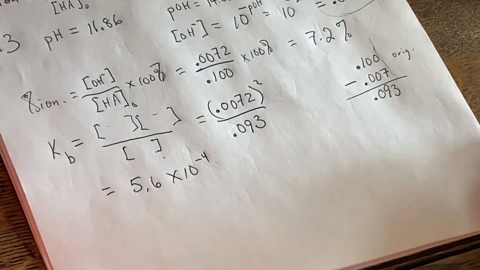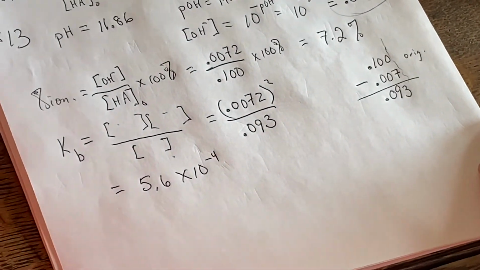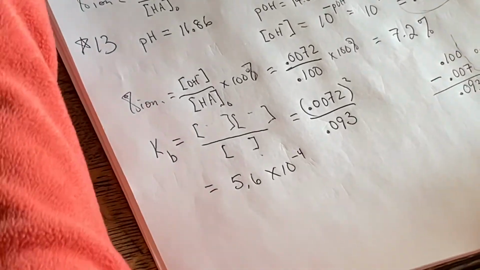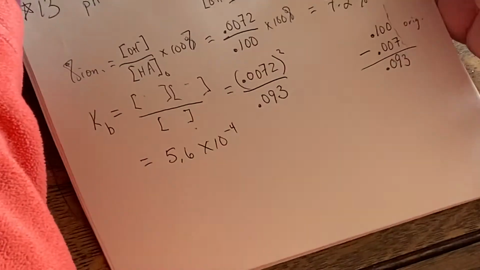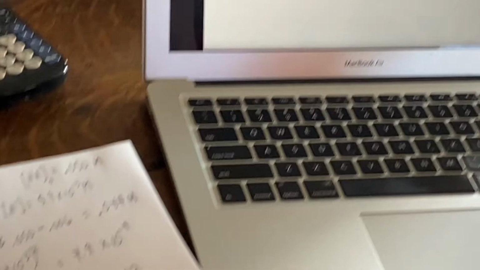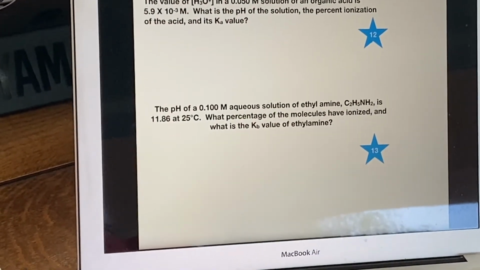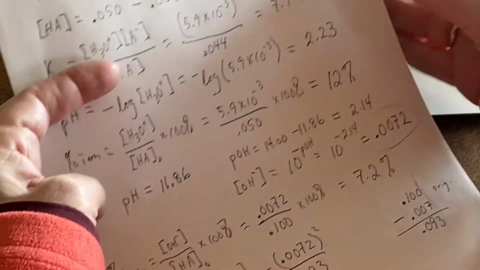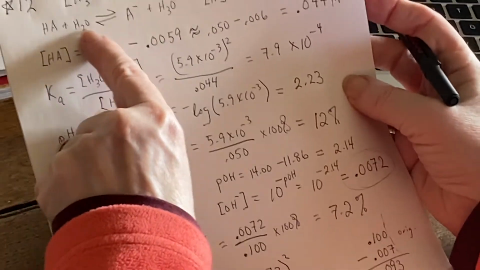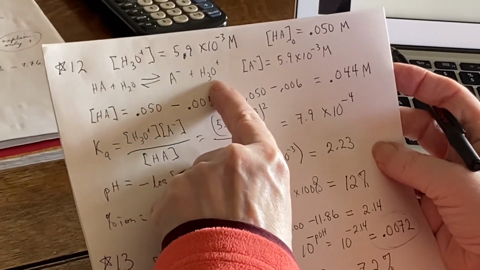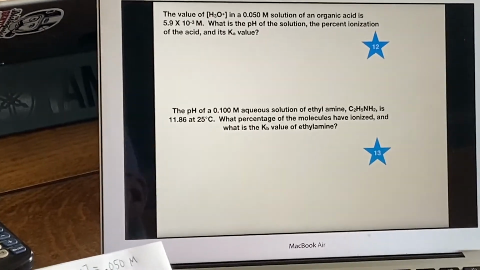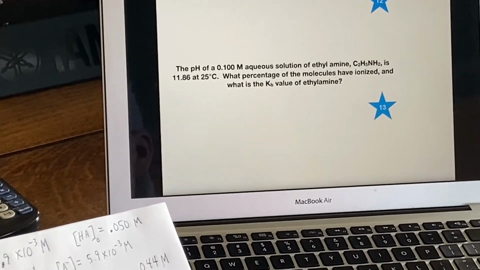Now, I didn't really mention this, but I might want to, because this was a base, not an acid. So it's a little more interesting to try to see what it is. It was easy enough when it was HA and water becoming the anion and the hydronium ion. What is happening here? Well, I just want to write this down.